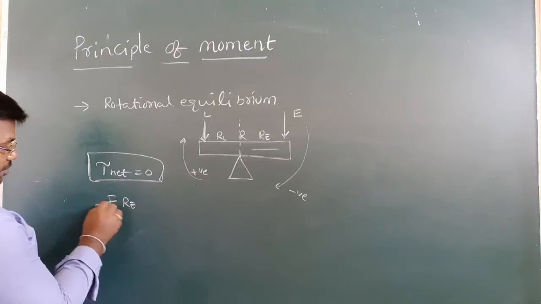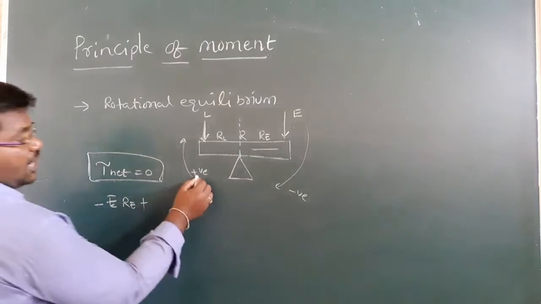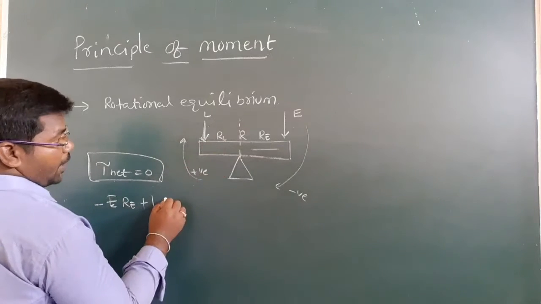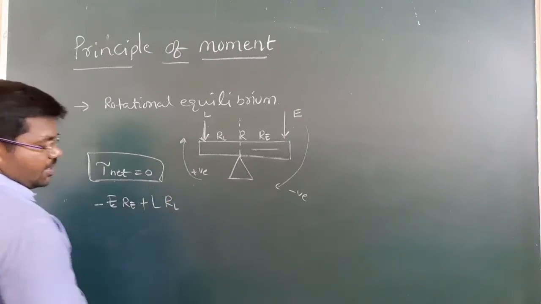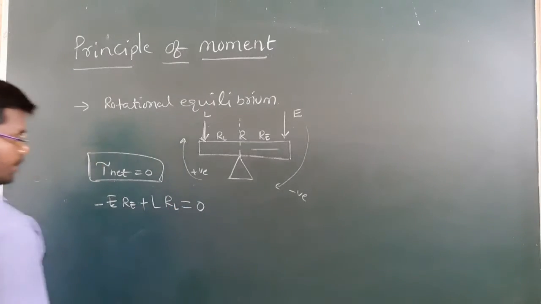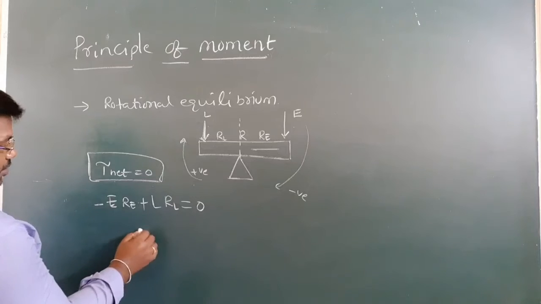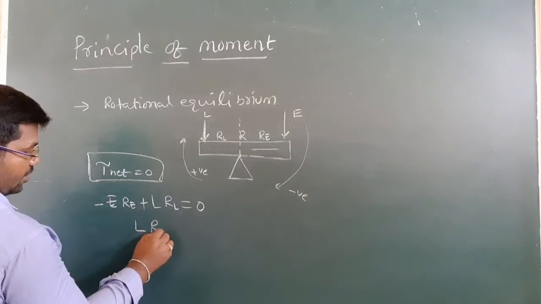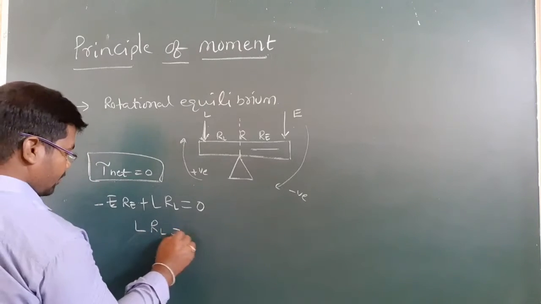So this is negative, plus here in the opposite direction, force L, perpendicular distance RL, which is equal to 0.